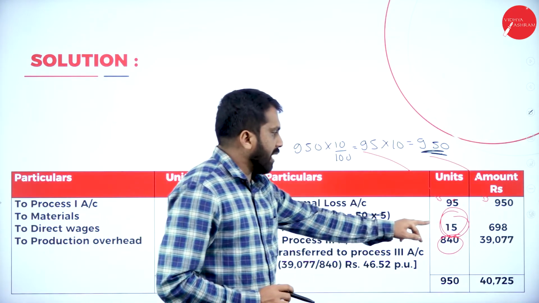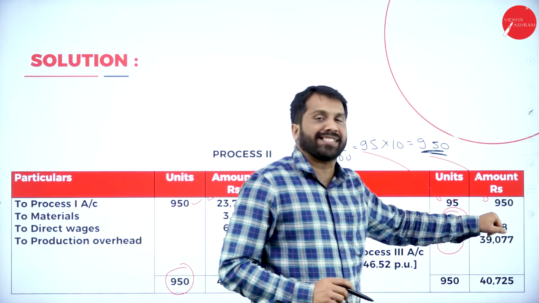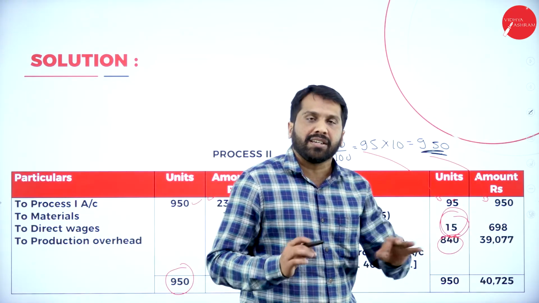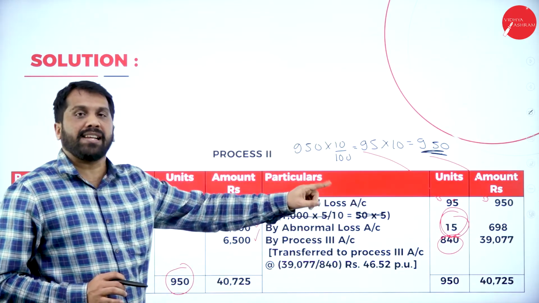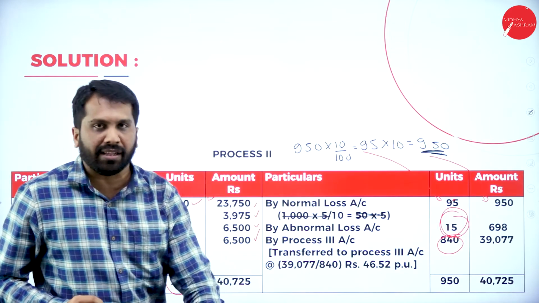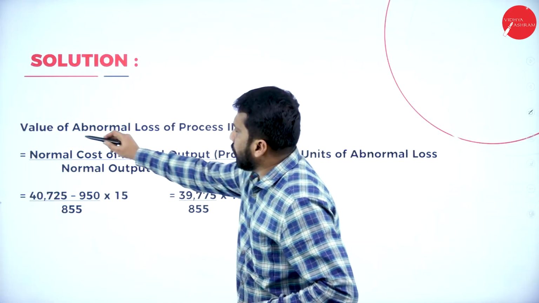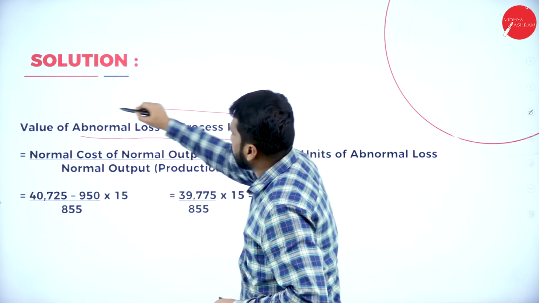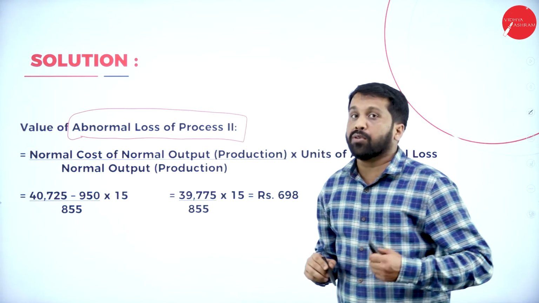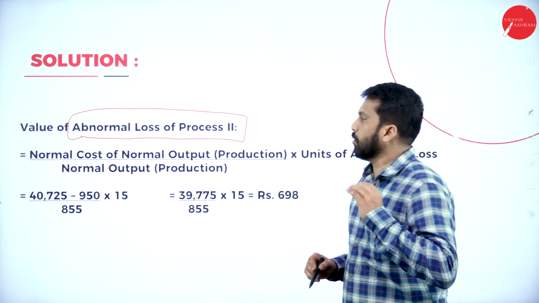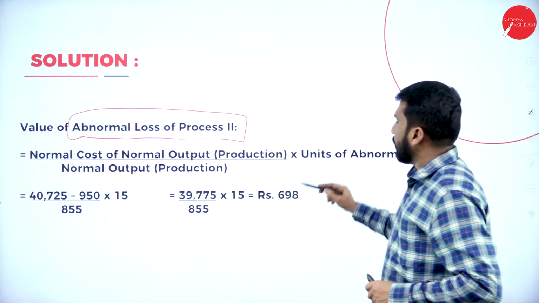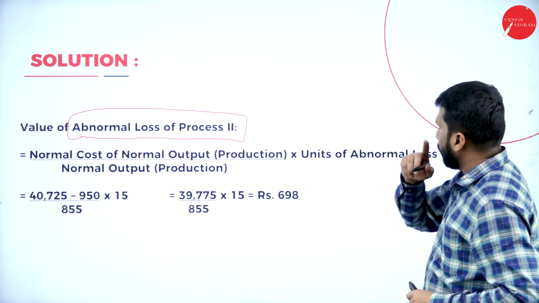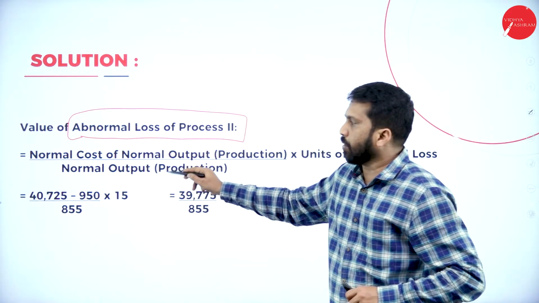So, we know what the abnormal loss is, but how did you get 698? The concept is very simple. I'll show you the calculation. Value of abnormal loss, process 2. How to find out? Normal cost of the normal output into units of abnormal loss divided by normal output.